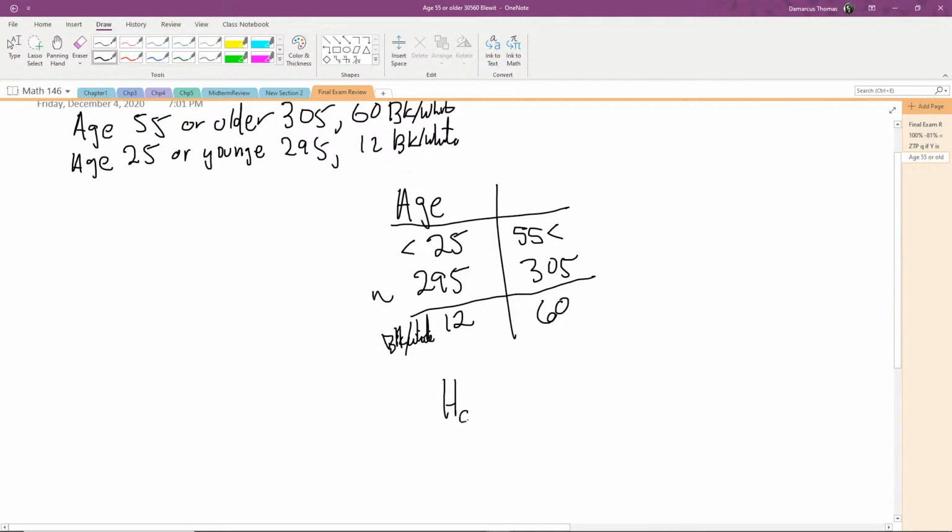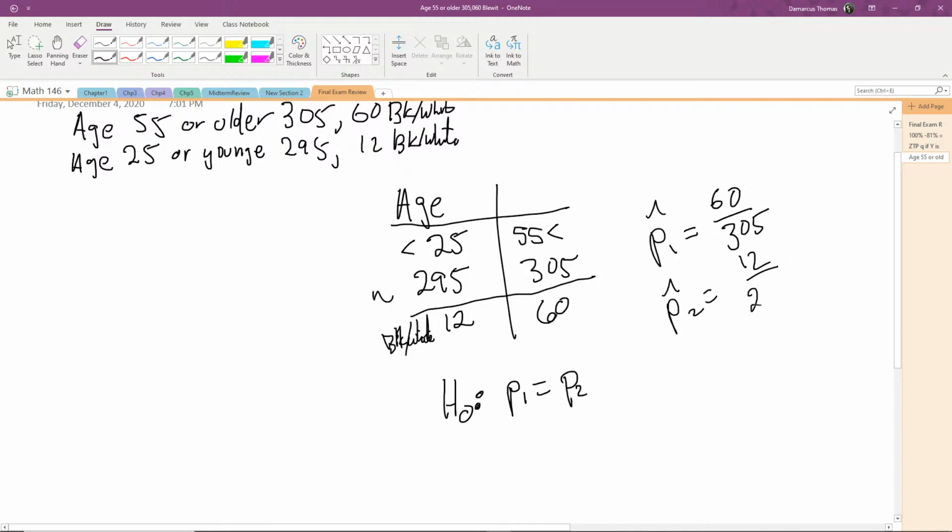Now, we assume that they're equal. We say, P1 is equal to P2. And remember, P1 hat is the proportion of the adults, so 60 over 305, and P hat 2 is actually 12 over 295. So we're assuming that they're equal. And there's another way to write this too.